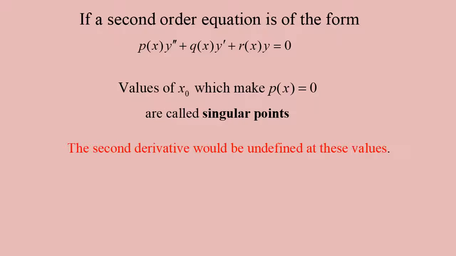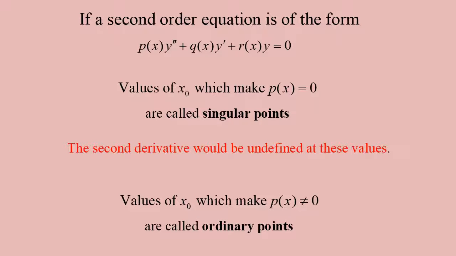And likewise, we call all of the other points ordinary points. So really, it's ordinary points that we can come up with a solution for. Singular points, we just have to tread around.